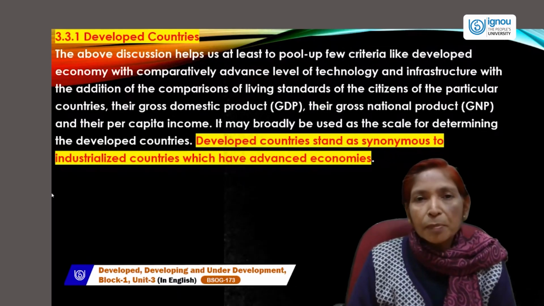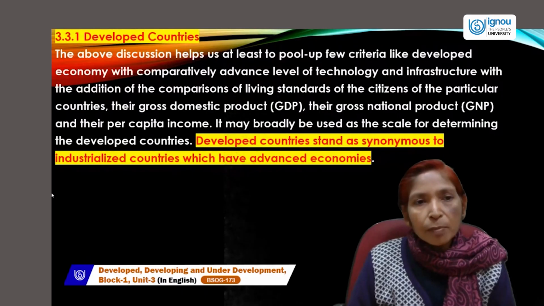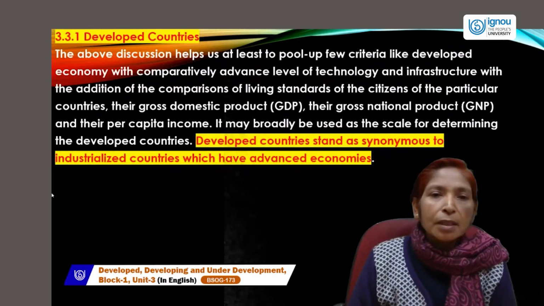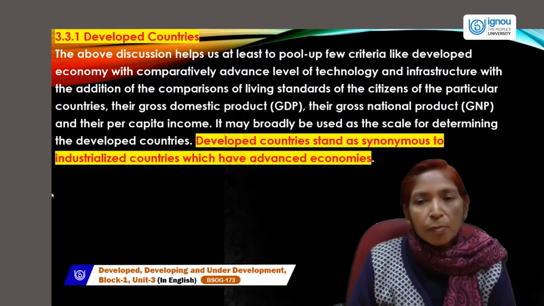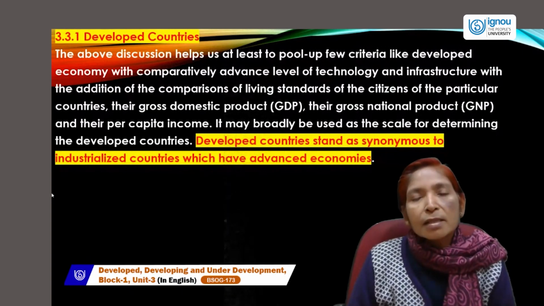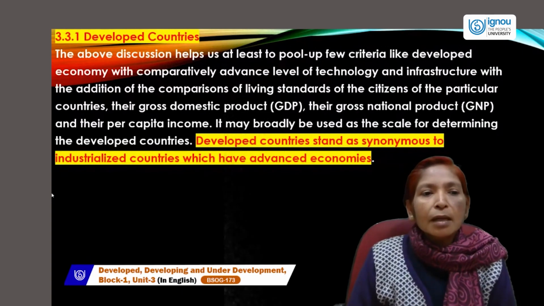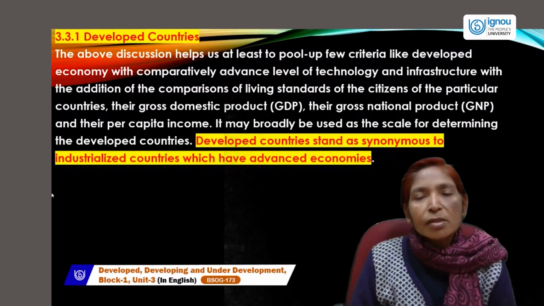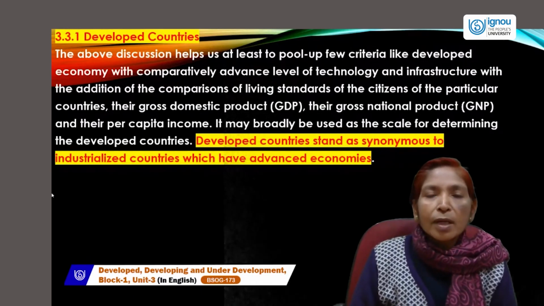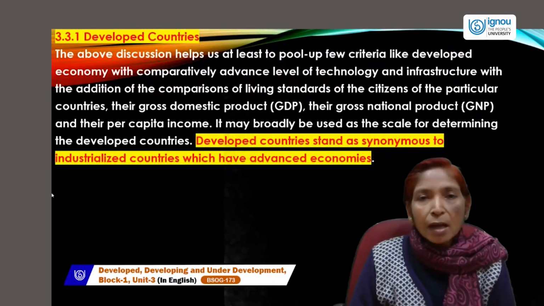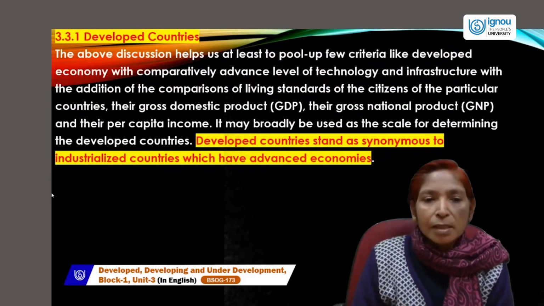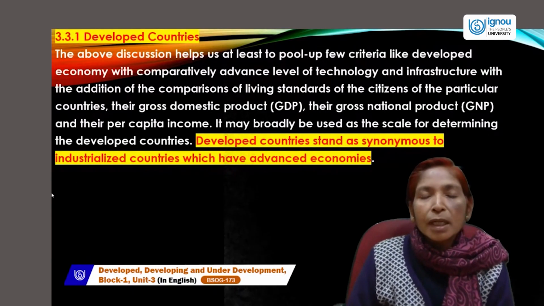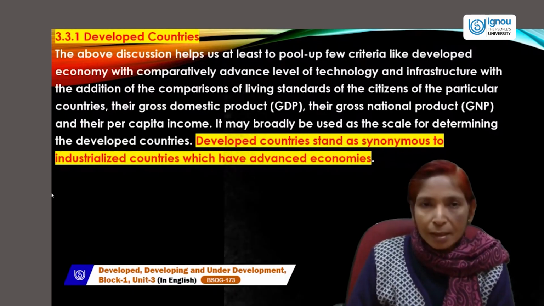Their gross domestic product, their gross national product, and their per capita income remain always higher. It may broadly be used as the scale for determining the developed countries. So, developed countries stand as synonymous to industrialized countries, which have advanced economies.